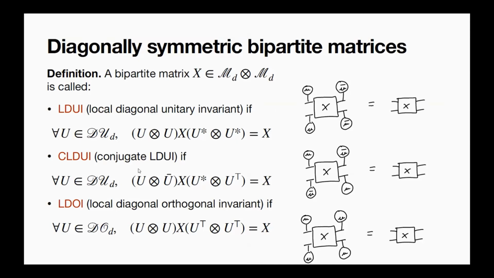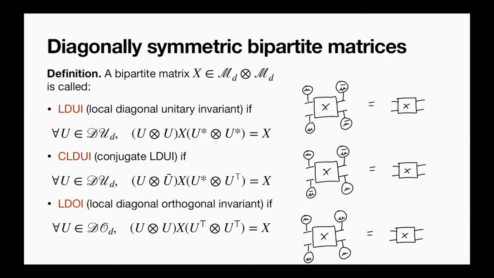The second case, which will be useful to look at quantum states, I will be imposing this u ⊗ ū symmetry. And in the third case, I'm using orthogonal matrices. And we call this LDUI, local diagonal unitary invariants, CLDUI, conjugate local diagonal unitary invariants, and LDOI, local diagonal orthogonal invariants.